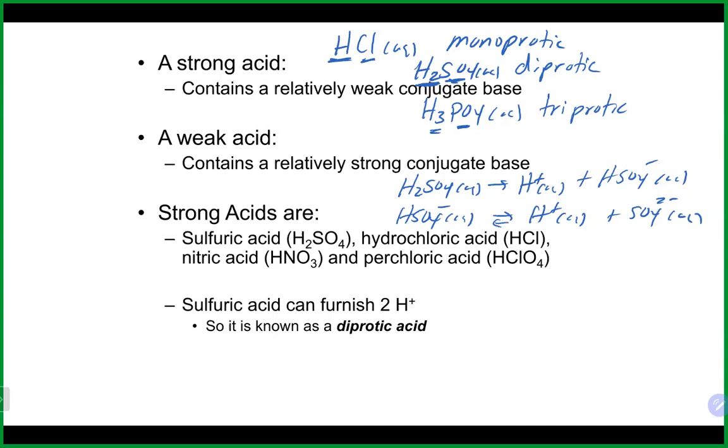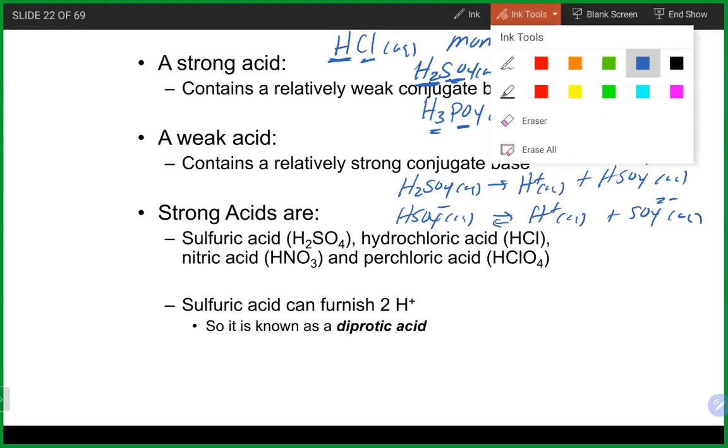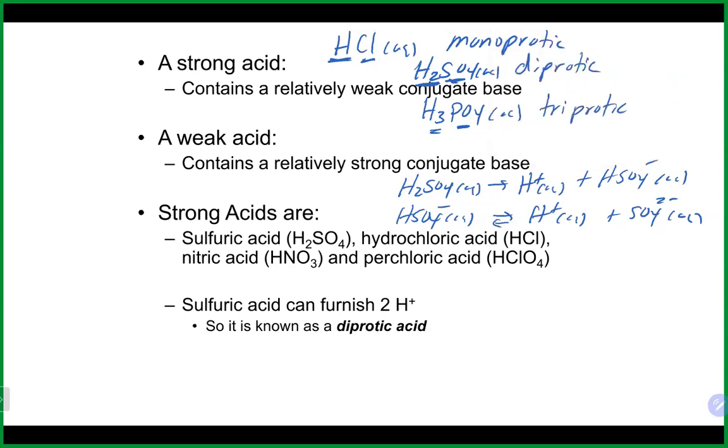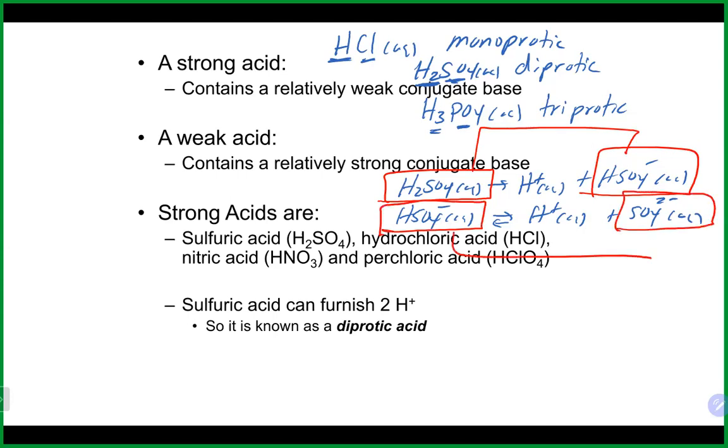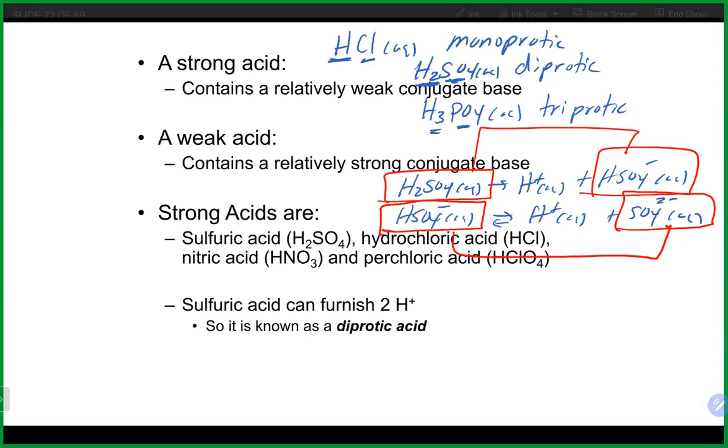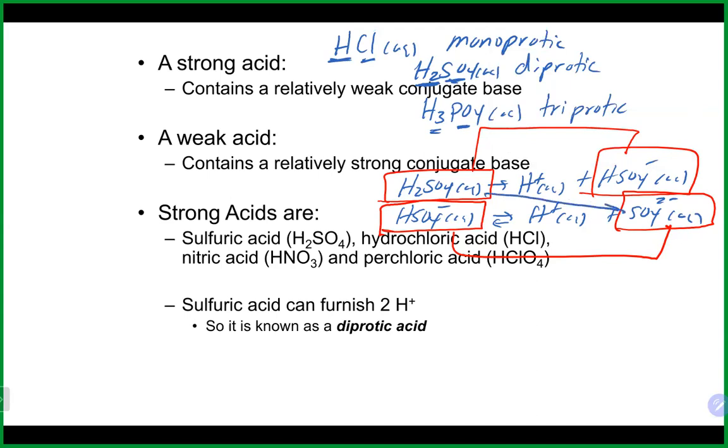By the way, that is also why when we look at acid conjugate base pairs like we were talking about, H2SO4 and HSO4-, those two guys are pairs. They're only one H+ difference. HSO4- and SO4 2-, those guys are also pairs. If I go from H2SO4 to SO4 2-, are those guys pairs?